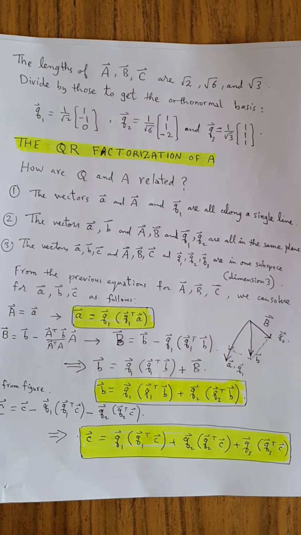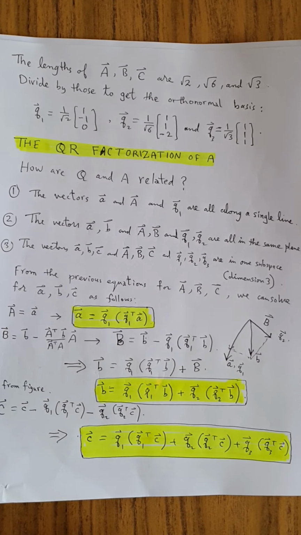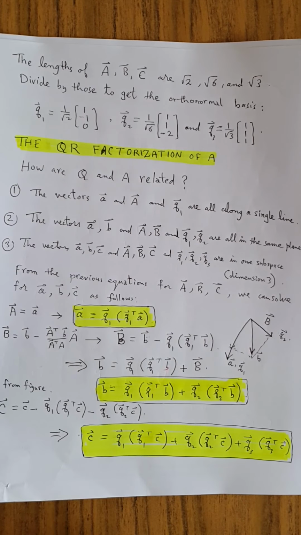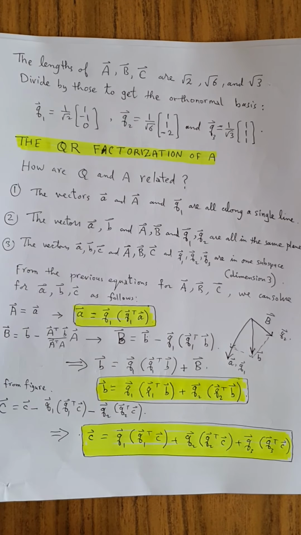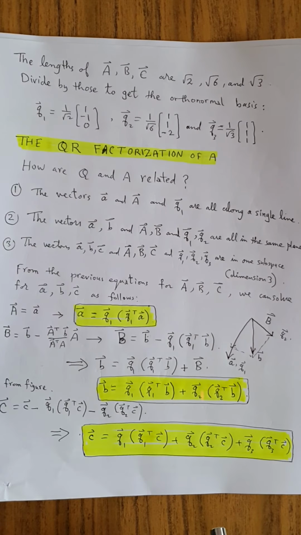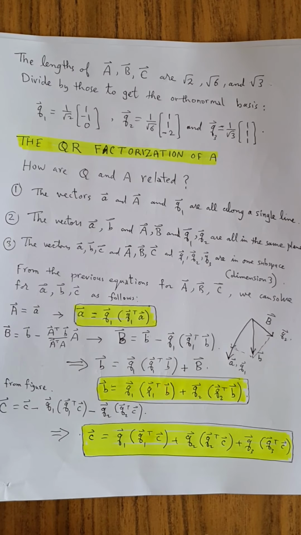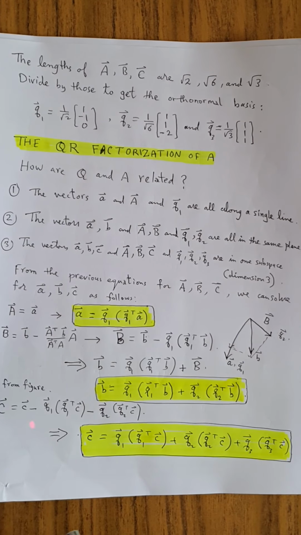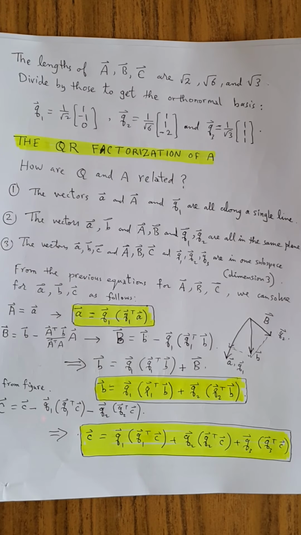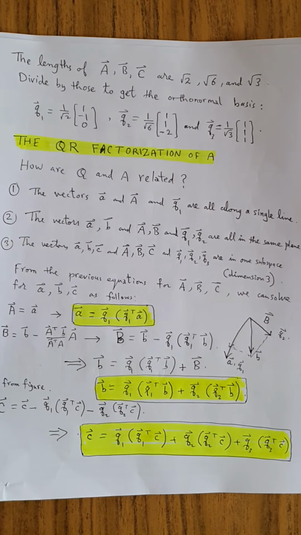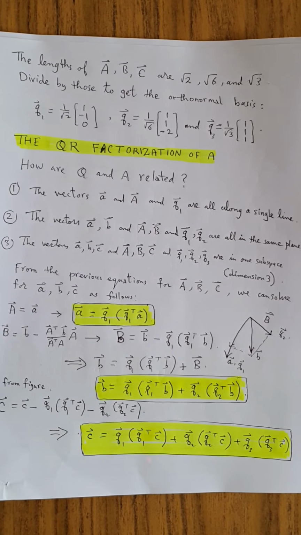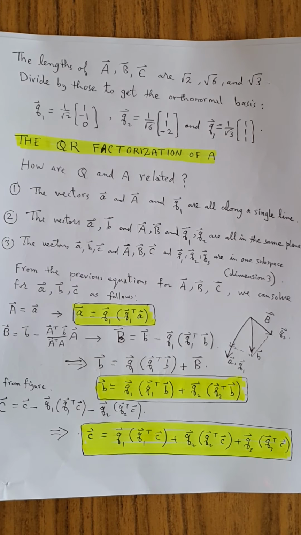Okay, so we come up with the projection of b onto Q1, then capital B is really the projection of b onto Q2. So this is the equation for b. Similarly for capital C, we can solve for small c, and we can see it is the projection of small c onto Q1, Q2, and Q3. Okay.